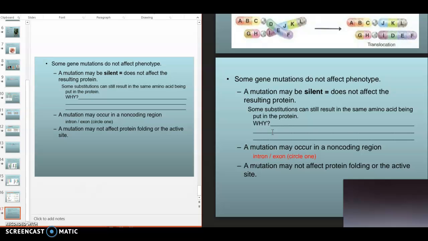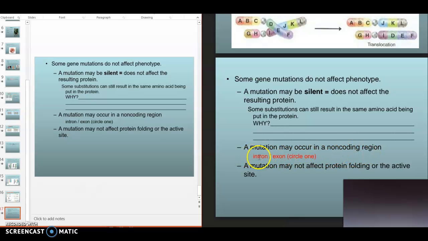Go back to those, look at all of those, and you'll notice that some of the DNA sequence, even though it's one thing, can code for this. And this other thing can code for this. So go and look at that wheel. There's several of them on there that will code for the same amino acid. And if it mutates from this to this, and it still codes for the same amino acid, that can explain why.